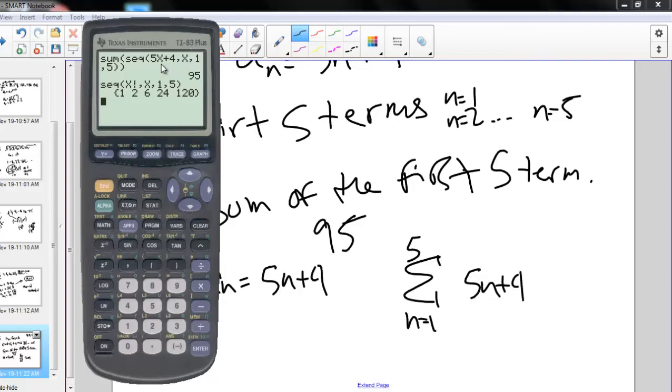It'll ask you for a starting point and an ending point, and then it might ask you for a step. So type in 1, 5 for the starting and ending. For the step, just type in 1. And then once you get down to the bottom and hit calculate, it'll post that formula into the calculator. Okay. So know how to use the calculator to find the sum.